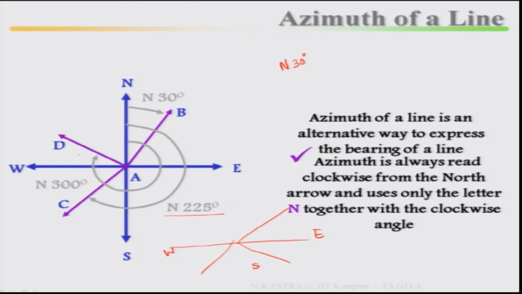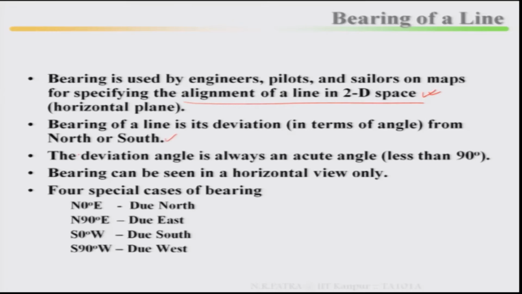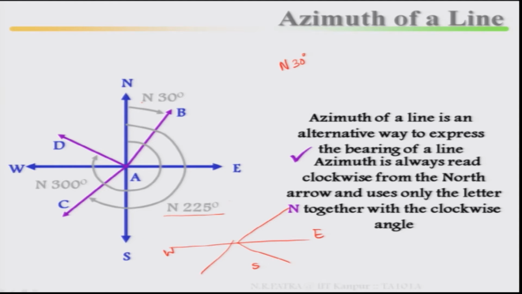Now this is clear about your bearing as well as azimuth. Once again I am repeating: if you come back to the bearing definition, the deviation angle is always an acute angle. It is with respect to either north or south, and it is always acute, less than 90 degree. Then go to azimuth: azimuth is with respect to north, and it will be written as north with degree.